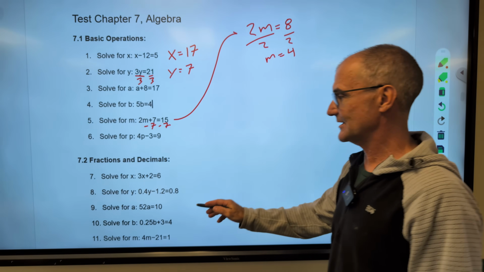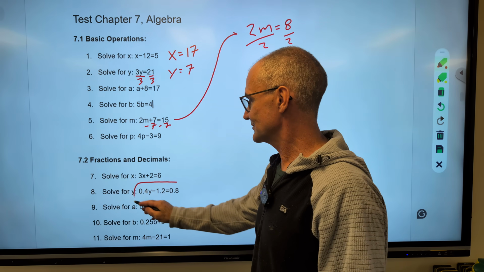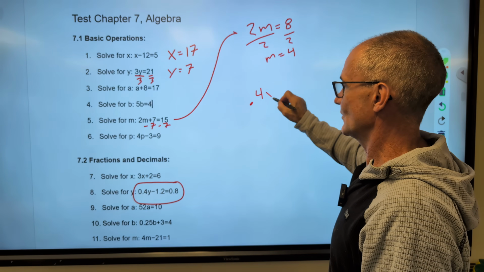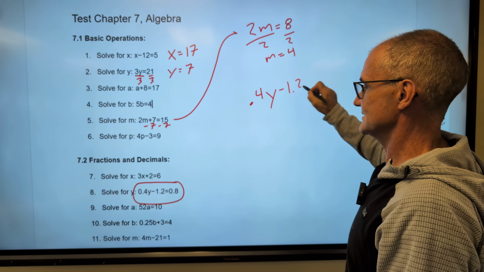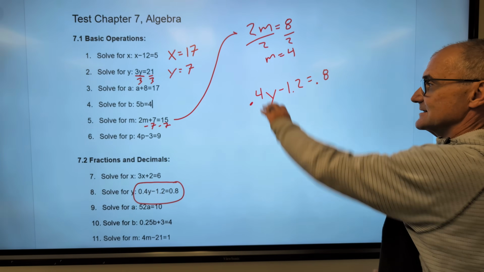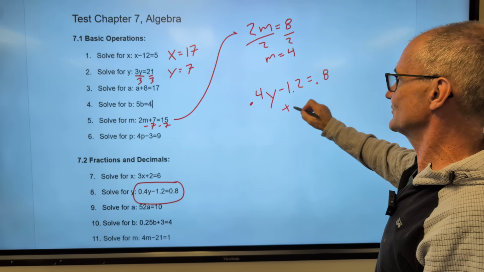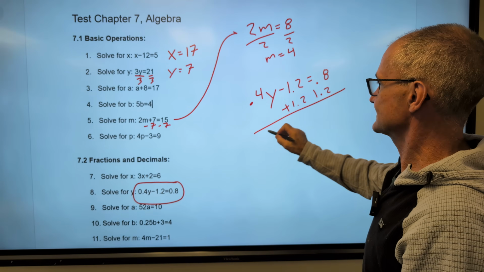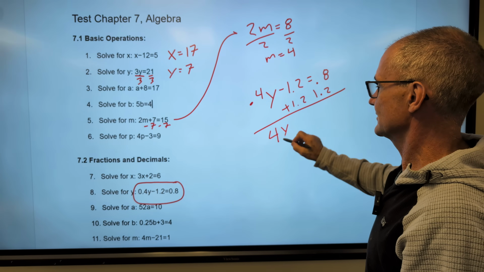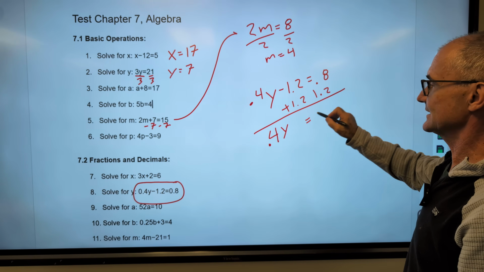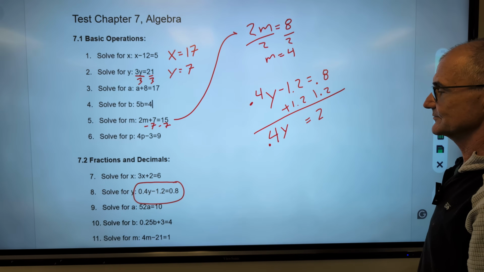Okay, let's do a couple of fraction decimal ones. Let's do this one right here. 0.4y minus 1.2 is equal to 0.8. Still isolating the variable y, I add 1.2 to both sides. That's going to give me 0.4y equals 1.2 plus 0.8 is 2.0.